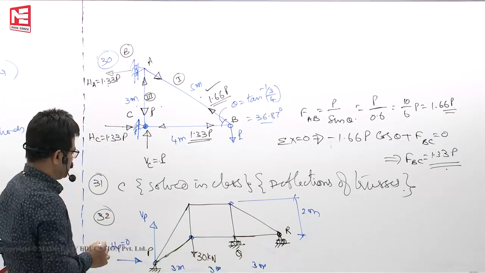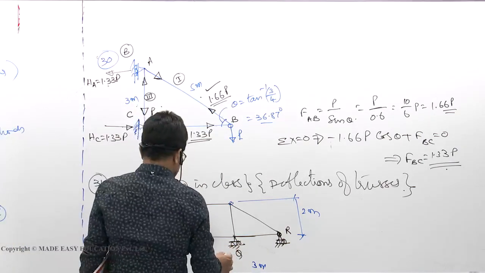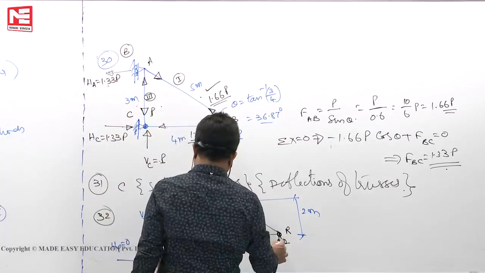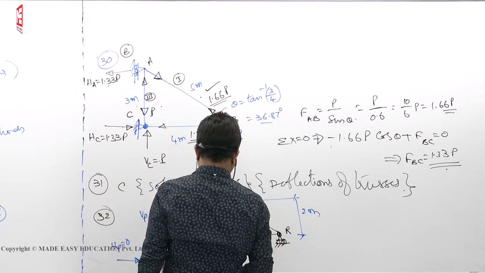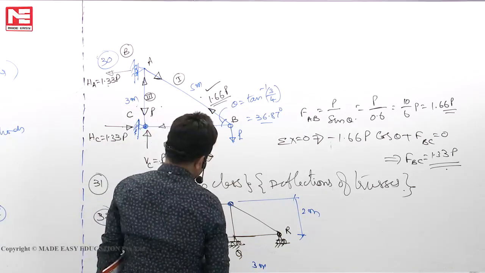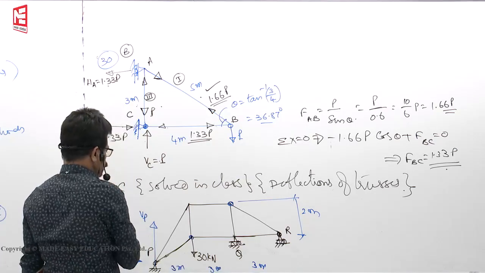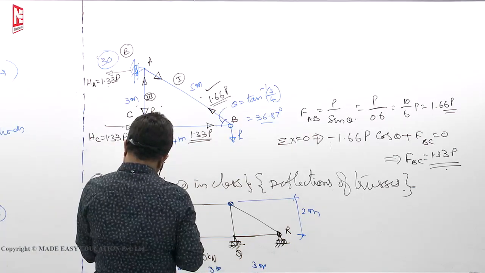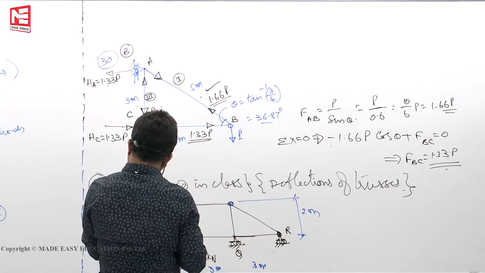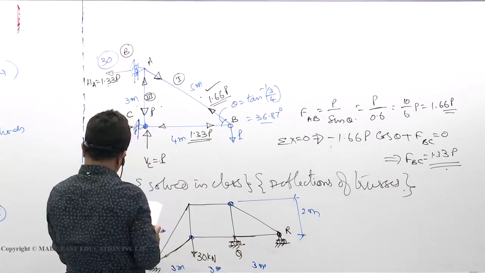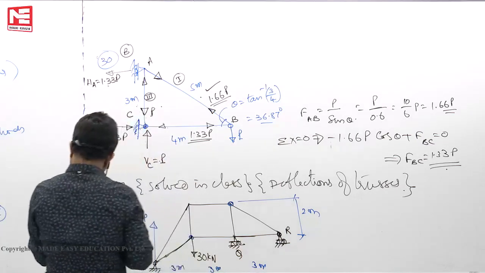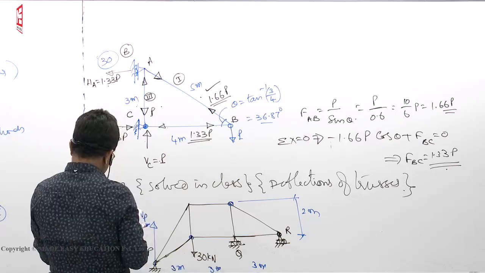Okay. Now let us take moments of all forces about one. Which point is better to take moments? If I take vertical reaction at R, okay, there are 3 members here, x, y components also there can exist the forces. There is only one vertical load, 30 kilonewton. Vertical reactions only we have to take.